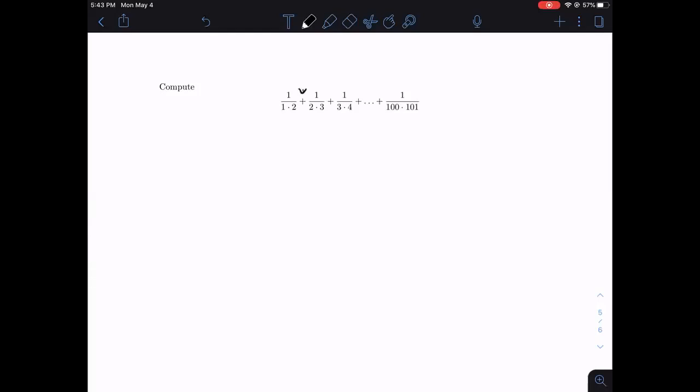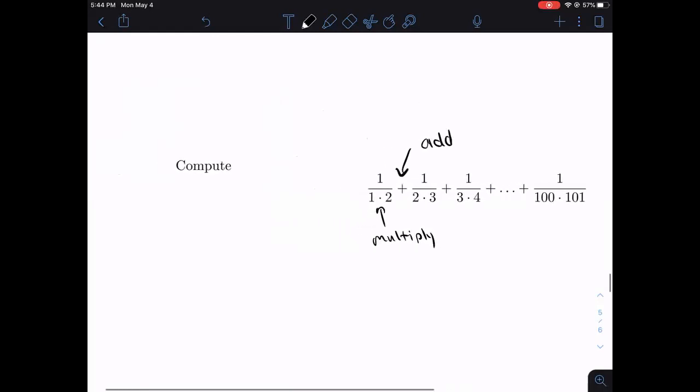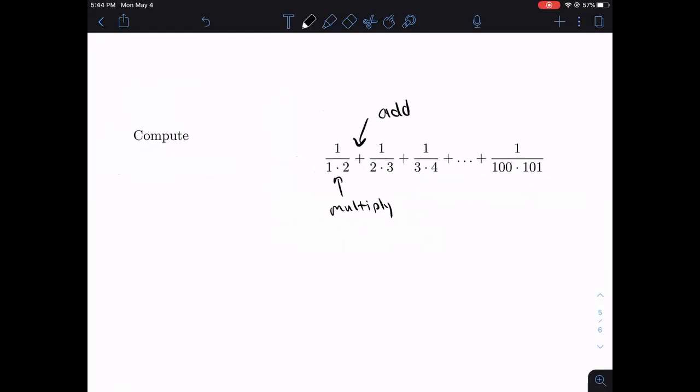These are plus and these are multiply. These are all fractions. Oh, I might have spoken wrong. This is hard if you have not seen it before.